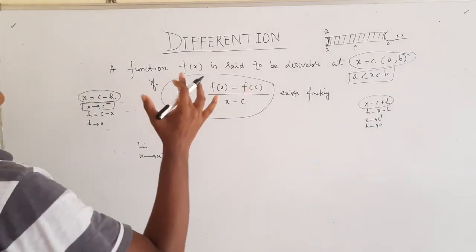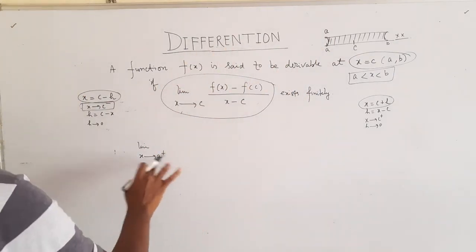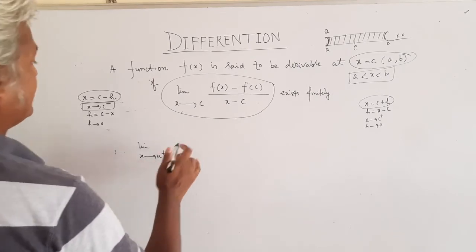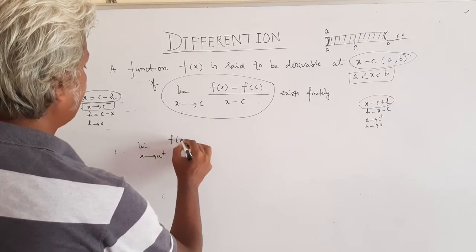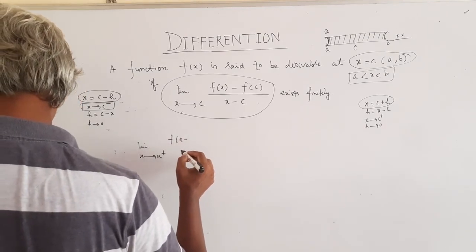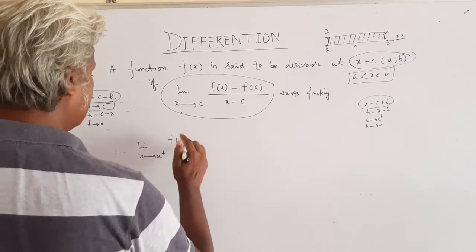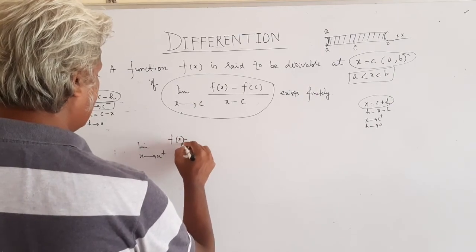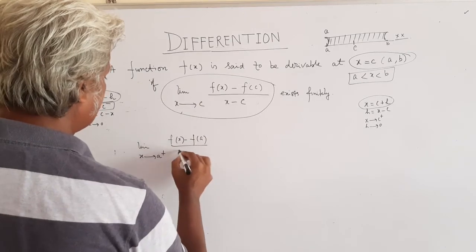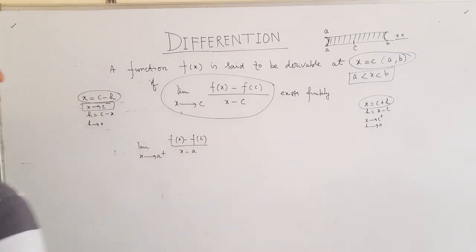It is just after a, so we can take only the RHS, or the right hand limit. So limit x tends to a plus of f(x) minus f(a), to be in sync with this, over x minus a.